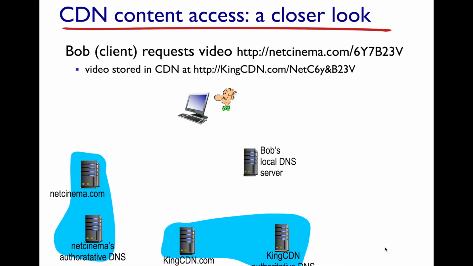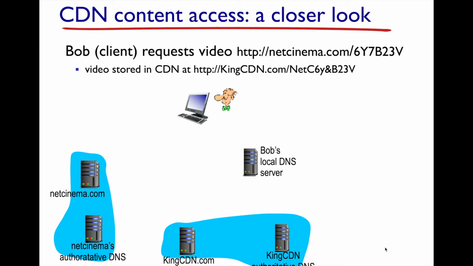So when you enter this in your browser, http netcinema.com followed by that suffix, you contact the web server for netcinema.com, and then you present it with this particular suffix on the URL. It strips that off, and it now knows which movie you want it to fetch.